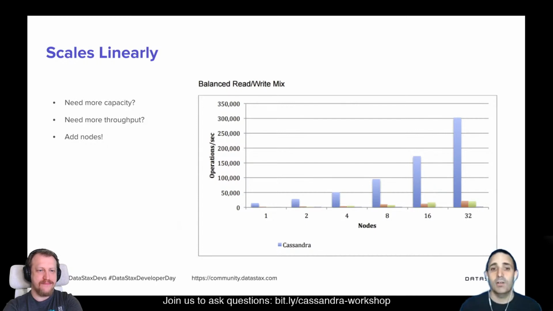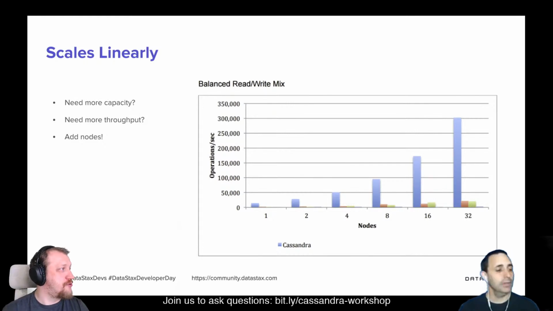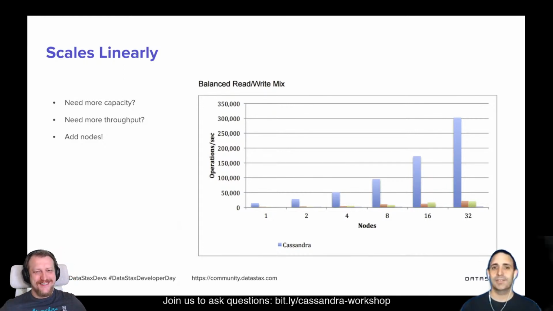So it scales linearly, and this is one of the reasons the web giants out there are all using Cassandra. It was created by Facebook, and now the biggest user is Apple. Yep, and the biggest contributor is Netflix. And we are speaking about more than 100,000 Cassandra nodes out there. So it scales a lot.